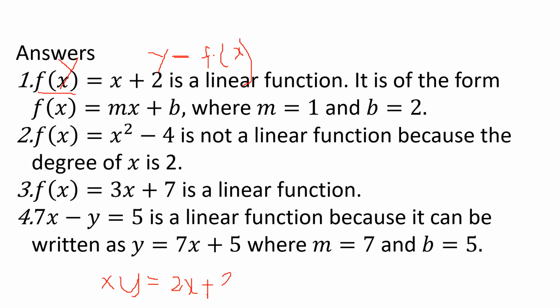Can we consider this as a linear function? Take note, we cannot consider this as a linear function because the degree of exponent for xy is 2. If you combine their degrees of exponent, x is 1 and y is 1, so combined, that is 2. So they are not linear functions.